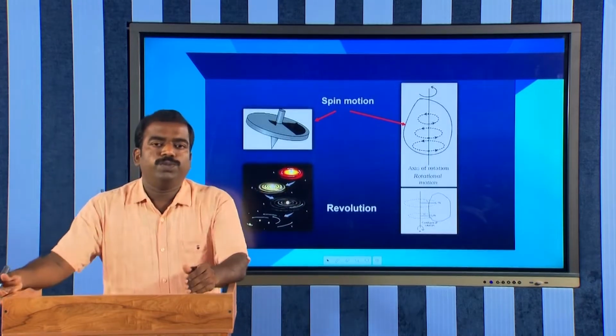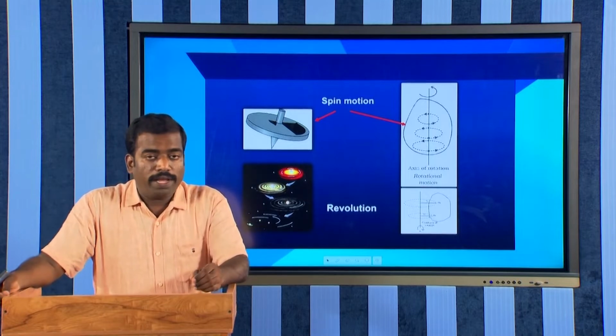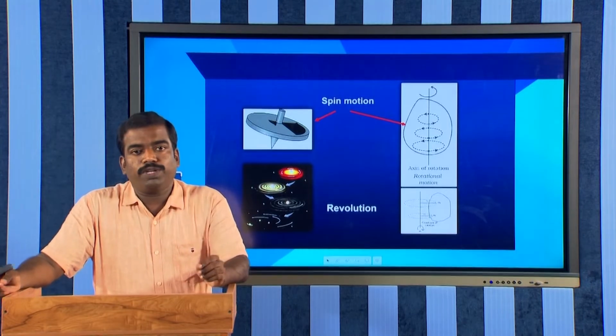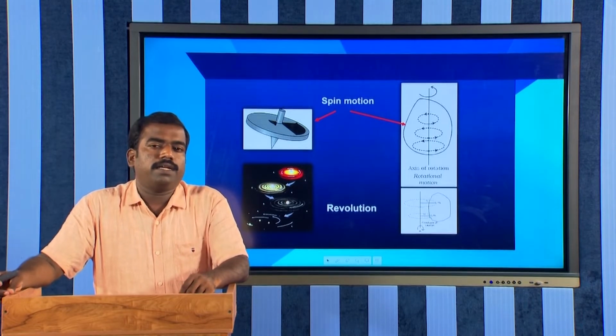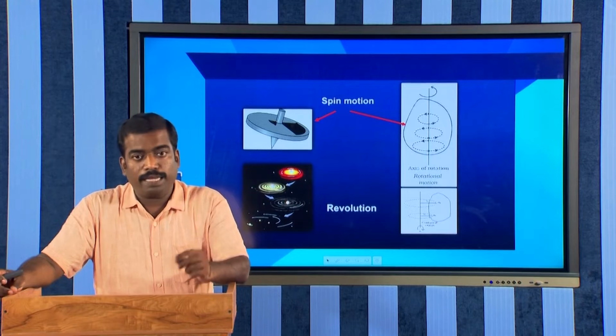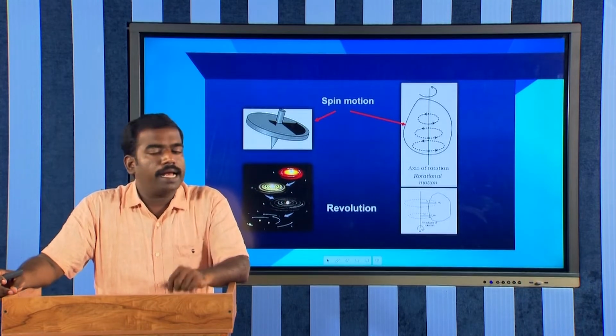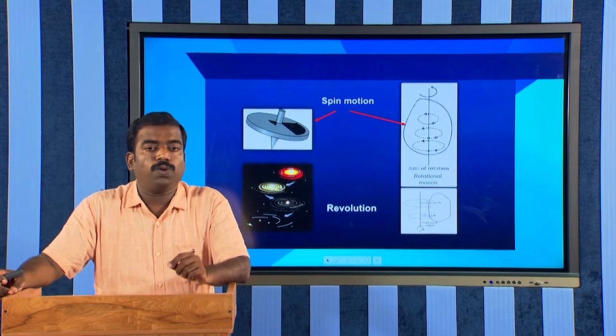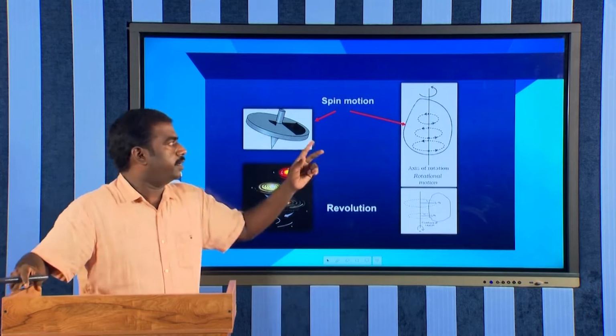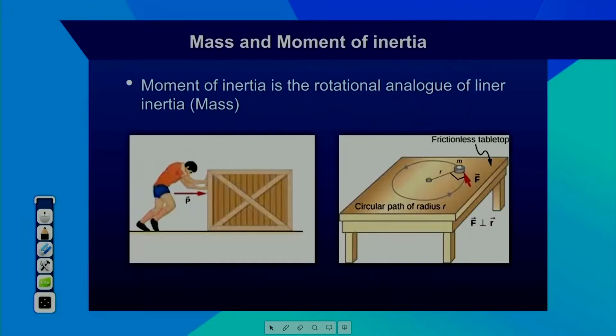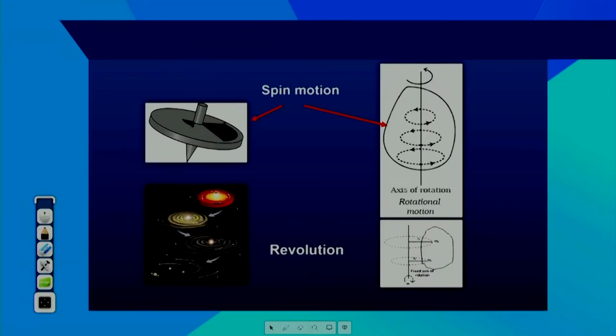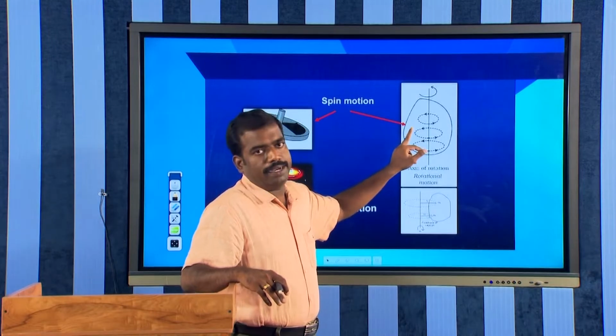So I told you, if a rigid body is executing rotational motion, the particles are moving along circular paths about a fixed axis, and that axis passes through all the centers of such circles. You can see this is a rigid body, and you can see different particles. I am just considering 3 particles, and these 3 particles are following circular paths of different radii.